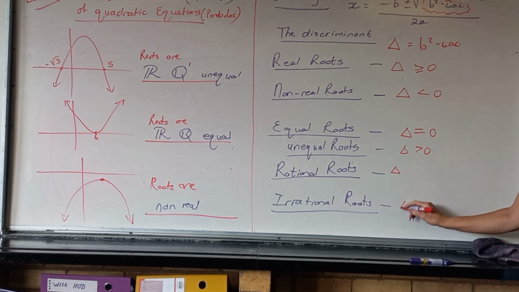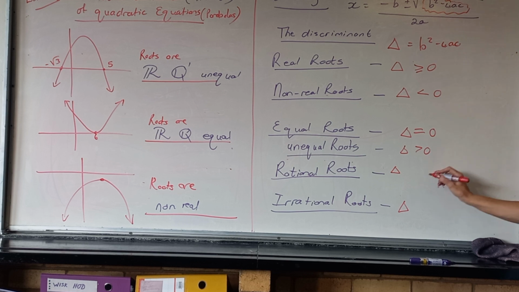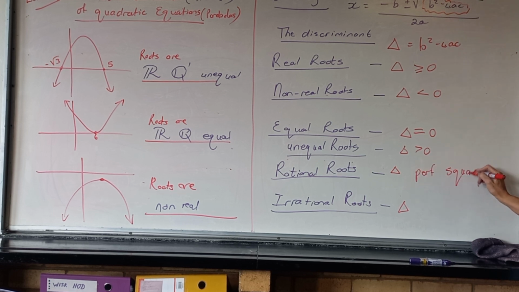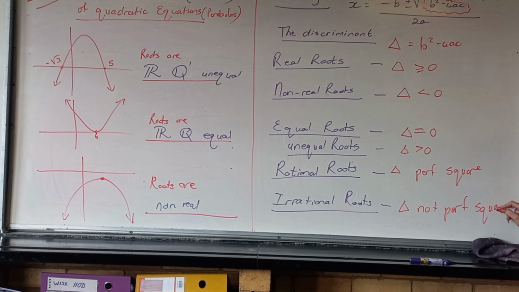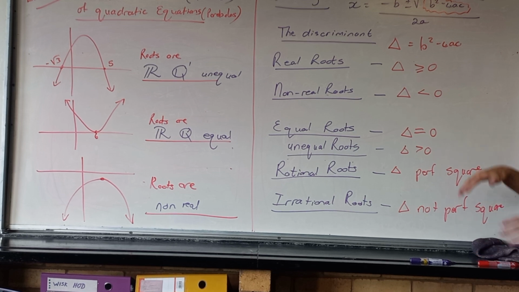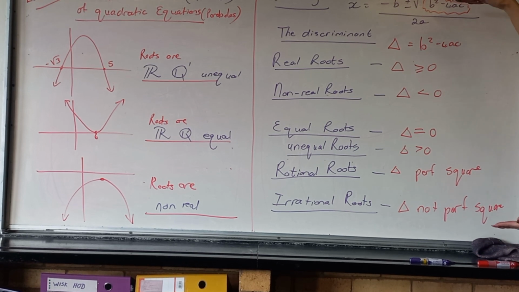Rational roots. So now tell me where I started off. When will this come out of the root? If it's a perfect square. And if it's irrational, then it's not a perfect square. So in essence, that's your whole little summary for nature of the roots.